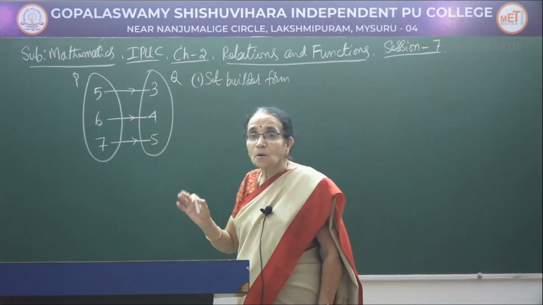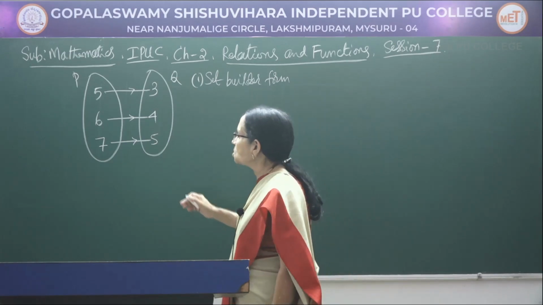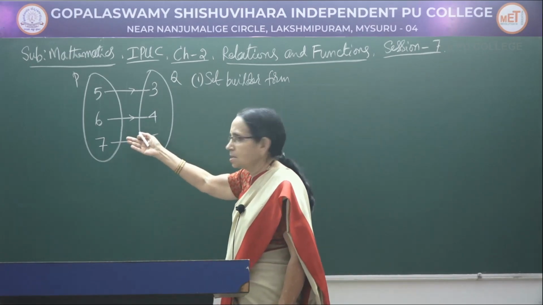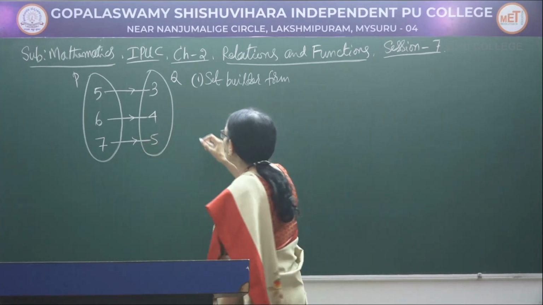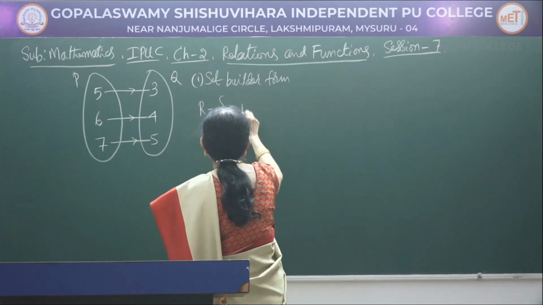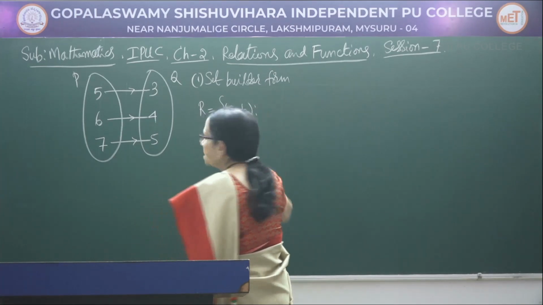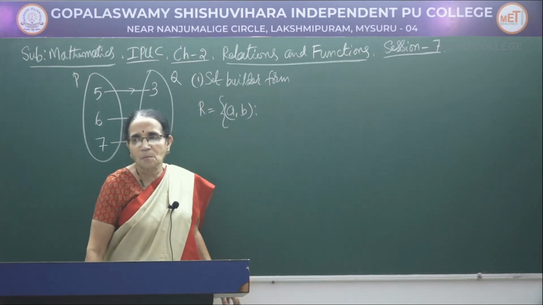That is, how the numbers are connected here. Now, usually we take the general number from the first set as A, the second set as B. So, let me write the relation as containing the ordered pairs A comma B.